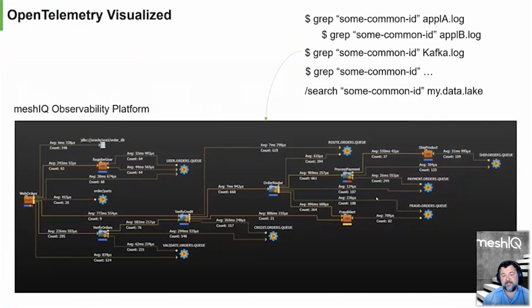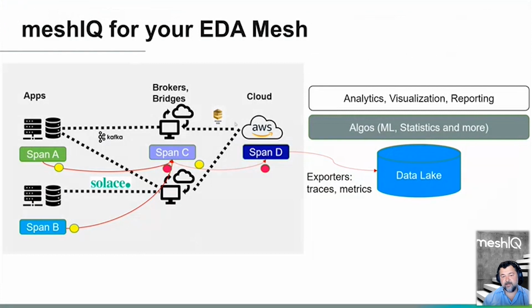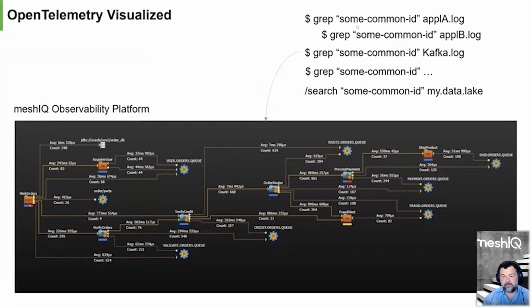Now, what's the actual outcome of this? Well, the outcome is fairly straightforward. If we look at this integration ecosystem here, obviously, what is being emitted is fairly cryptic. It's all data that's being piped into a data lake. You don't want to do searches and things like that.